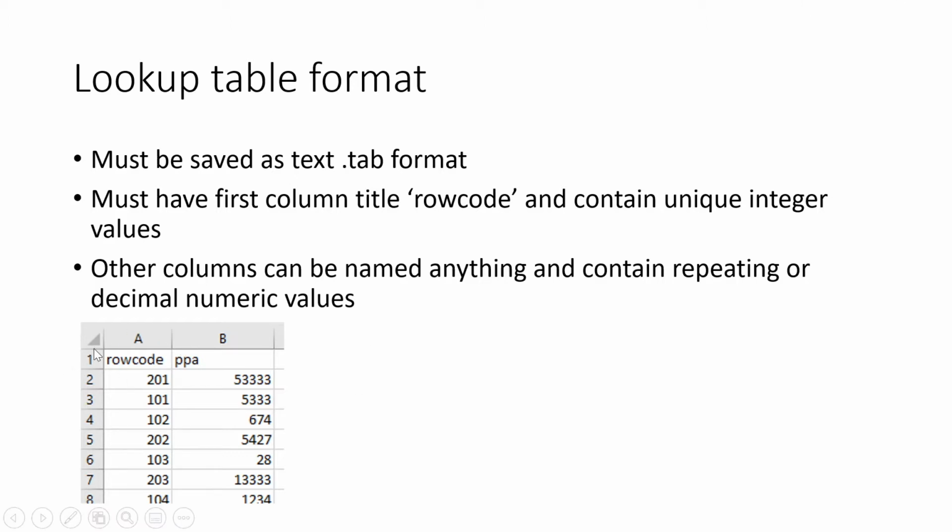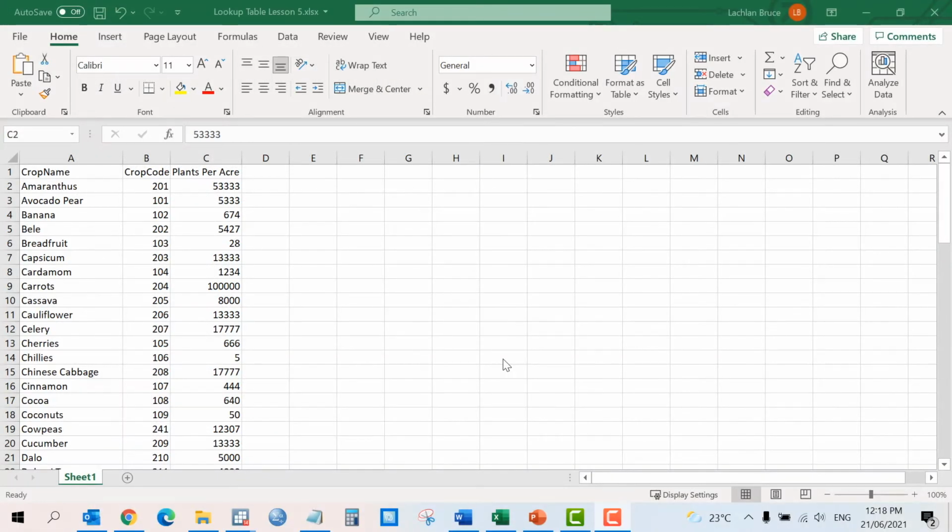Our first column is the rowcode, and it's got unique integers, so nothing is coming twice. And the next column we have is plants per acre, PPA, and this is different values for each one, though these could be decimal if you required, and they could be the same for different crop types. So here I have the Excel spreadsheet for the data that I want to import into Survey Solutions.